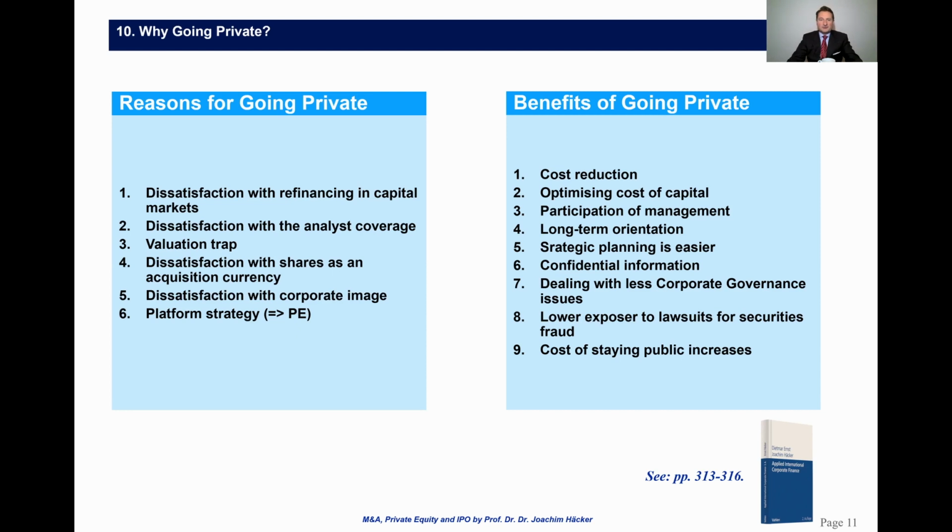And this platform strategy, if you as a private equity can actually buy different entities by delisting them, put them all together, and then list that new entity, well, this can come with a big booster in terms of your return.